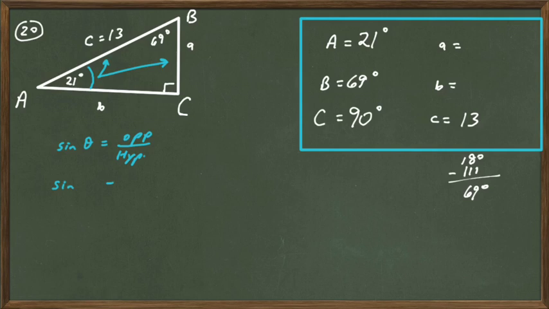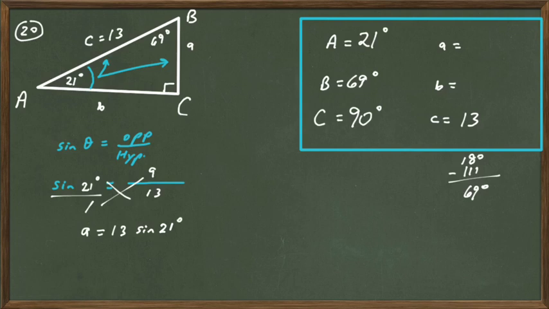So the sine of 21 degrees equals the opposite, which is A, divided by the hypotenuse, which is 13. Cross multiply, you'll get A to equal 13 times the sine of 21 degrees.